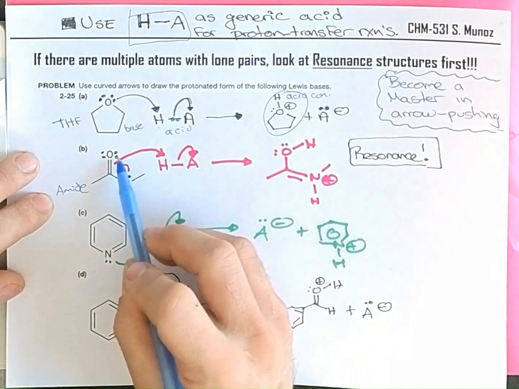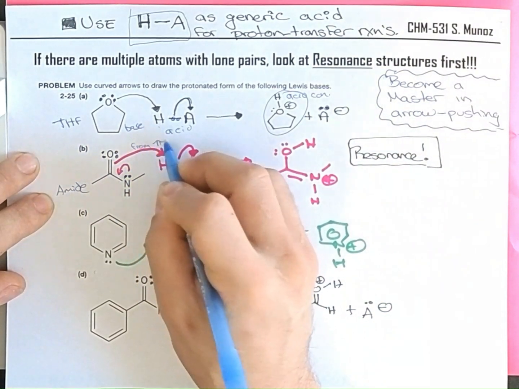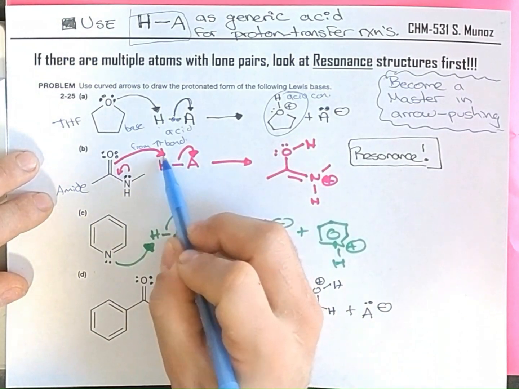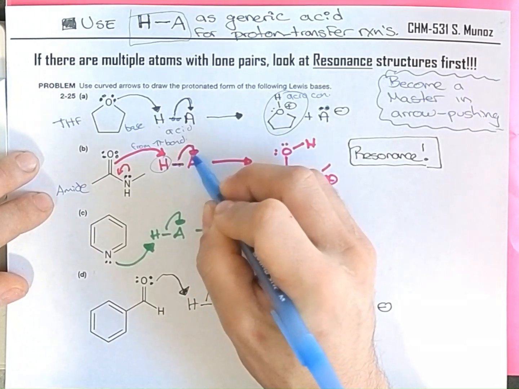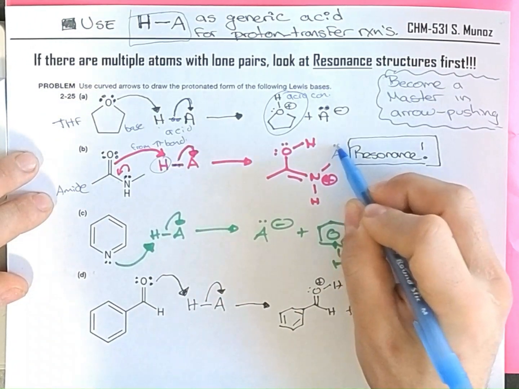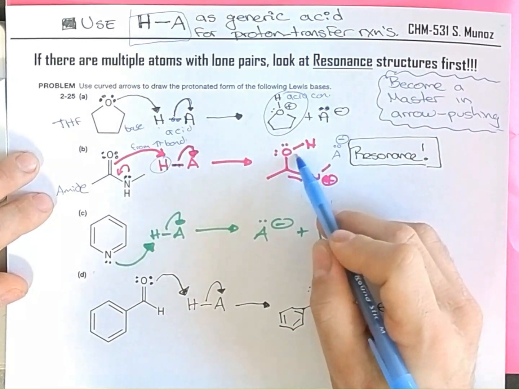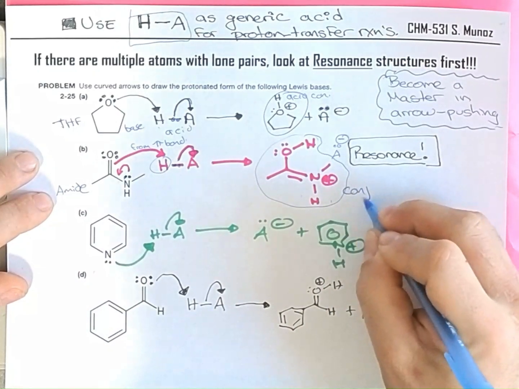And then the arrow, instead of coming from the lone pairs, now comes from the pi bond. And now you attack the proton, you break that sigma bond, and you still generate A minus with the lone pair and the corresponding conjugate acid. In this particular case, the oxygen now has the proton. This is the conjugate acid.